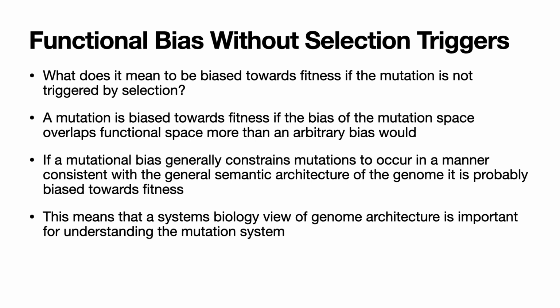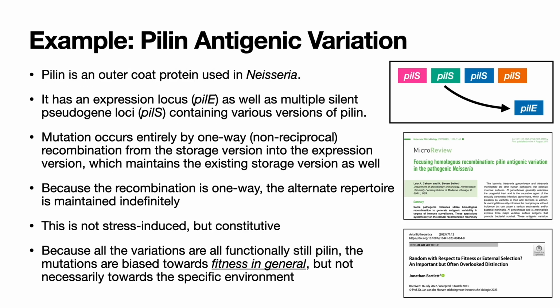So if a mutation bias generally constrains mutations to occur in a manner consistent with the general semantic architecture of the genome, it's probably biased towards fitness. But this means that a systems biology view of genome architecture is important for understanding the mutation system. We have to understand how the genome works from a semantic perspective, as a system as a whole, in order to understand how the mutation system is operating.